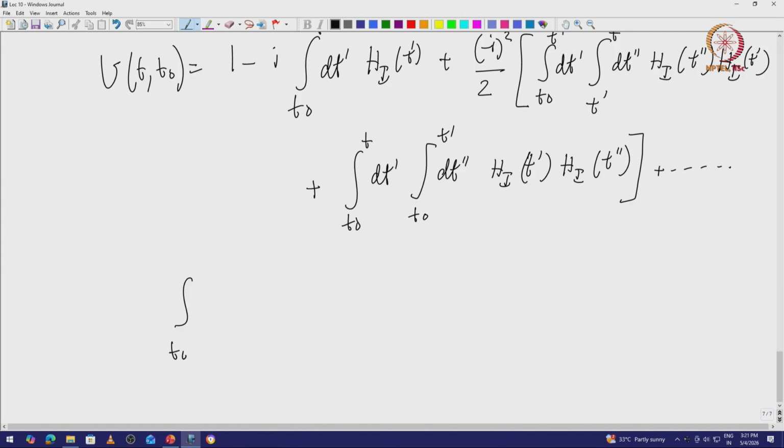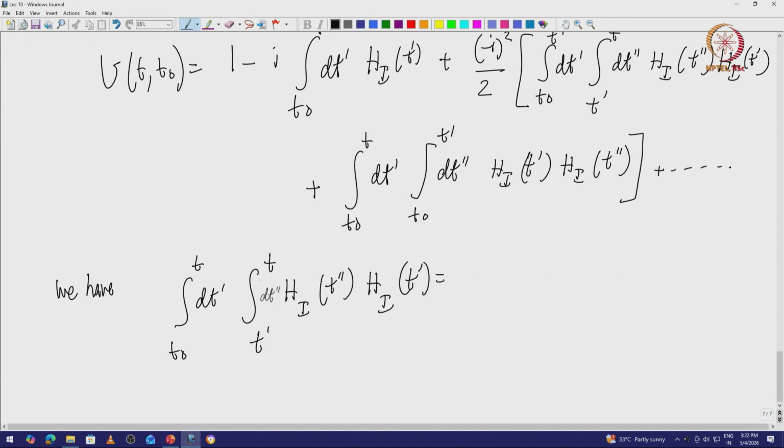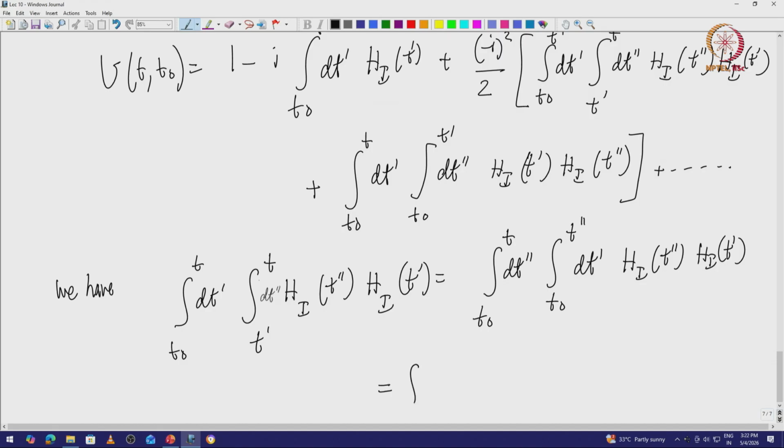So you have integral T0 to T dt', and T' to T. So you can express this entire thing, the last two terms, as integral T0 to T dt'' integral T0 to T dt' H_I(t'') H_I(t'), and this is equivalent to integral T0 to T dt' integral T0 to T' dt'' H_I(t') H_I(t'').